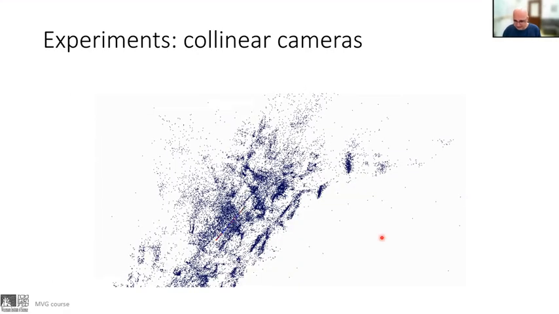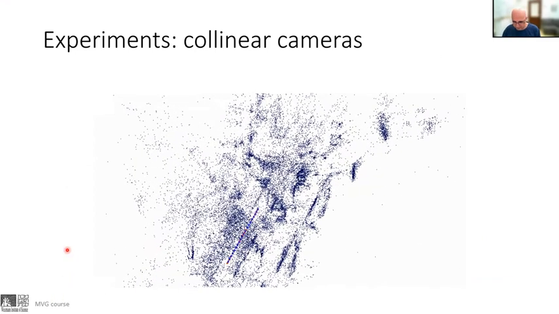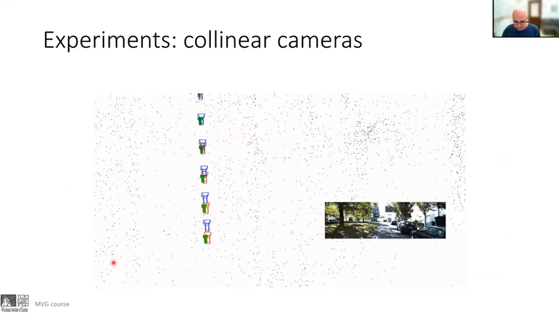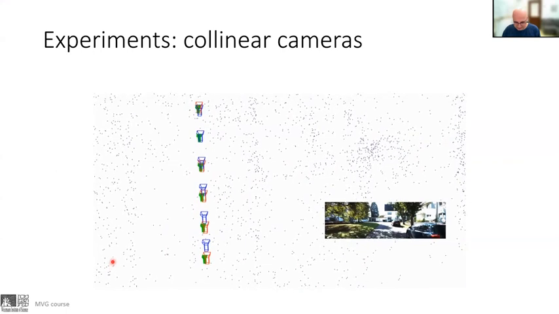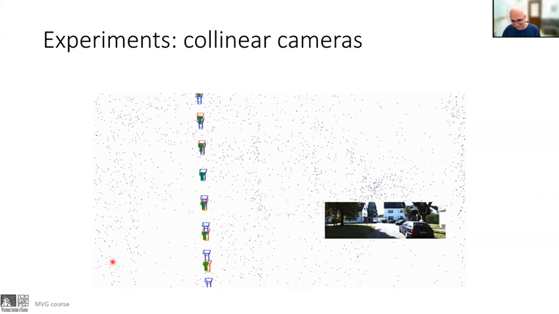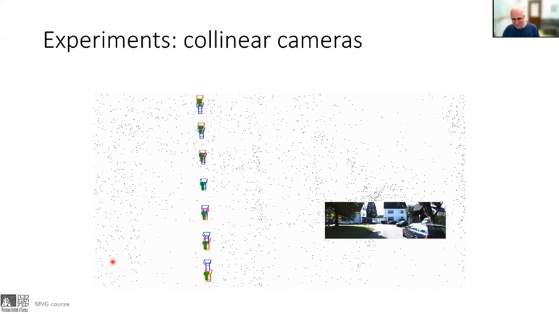Here you can see an experiment with a car moving along a line. Our reconstruction is the red one. What are the points? The points are just 3-dimensional points from the scene.